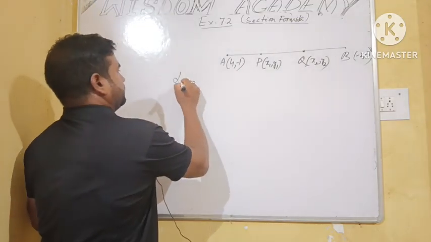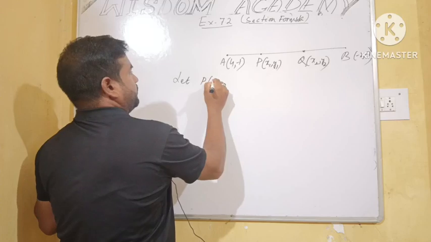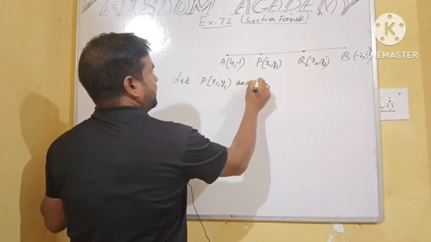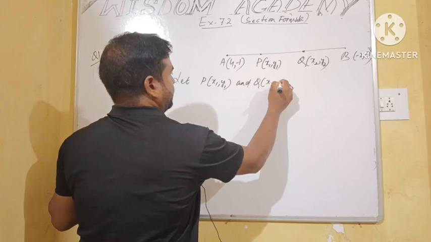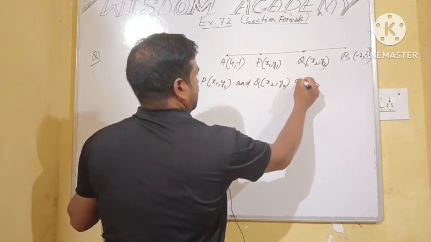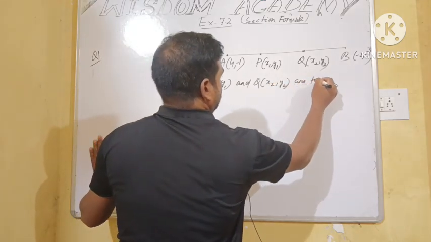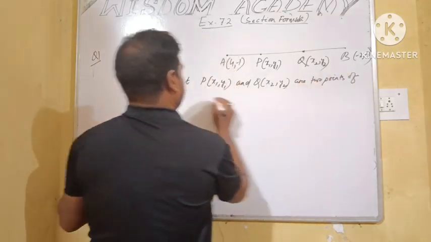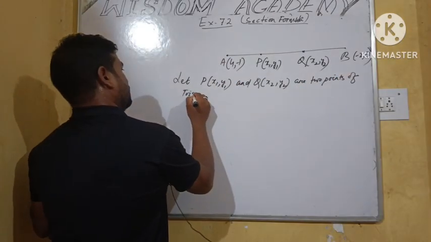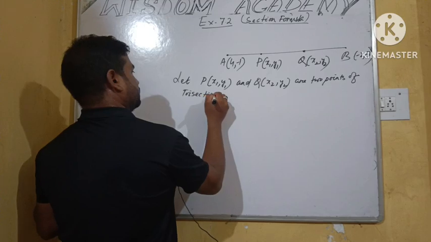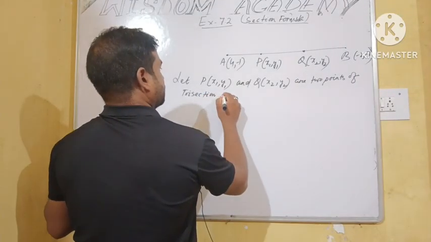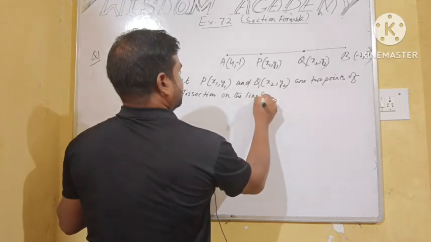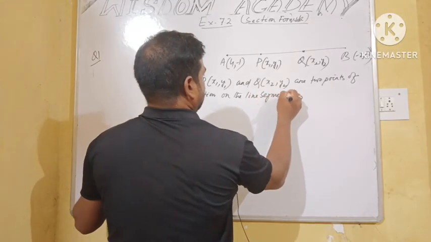Write down: let P(x1, y1) and Q(x2, y2) be the 2 points of trisection on the line segment AB.